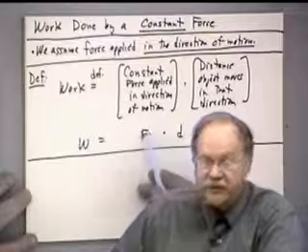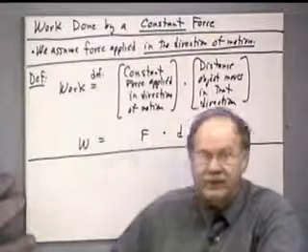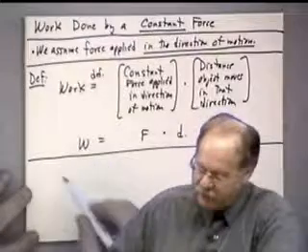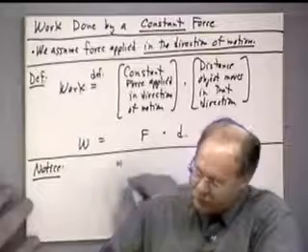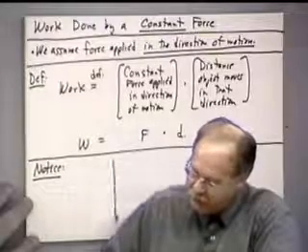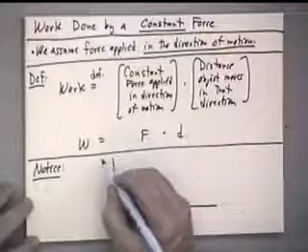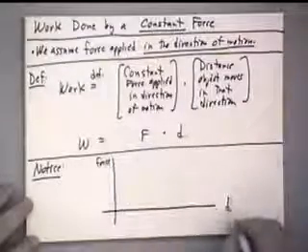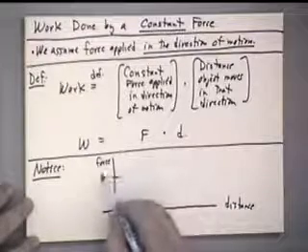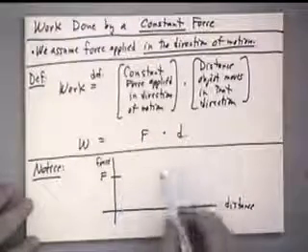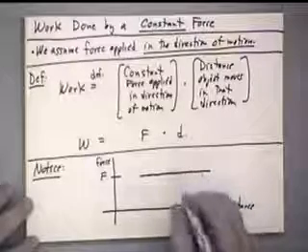Later we will talk about the force function being a non-constant function, and in that case this formula fails. So we need to be careful. Now let us observe that we can interpret this in the following way, and this will be helpful later. We can interpret this as a graph. If this is the force axis, and this is the distance axis, then if this is the height F, which is the constant force here, then what we have is a horizontal line for the graph of that function.